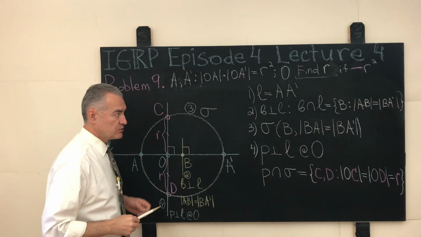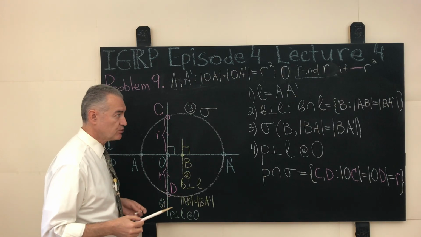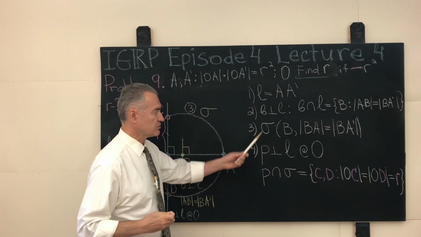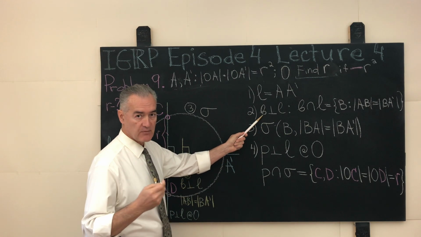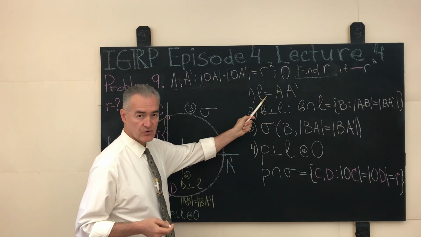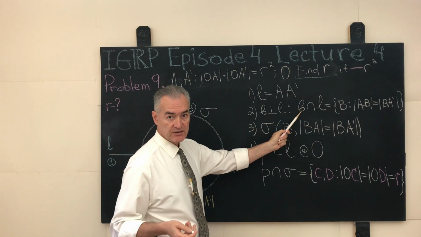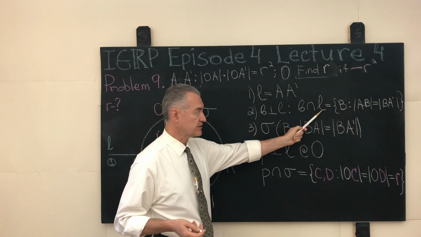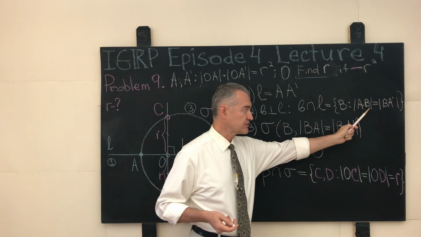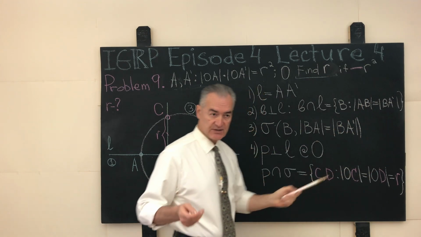Usually I do not want to throw too much symbology on this course. There is no need to do it, but pedantically, if you want to be more formal, this is what you will write: that you construct a straight line named B. It is perpendicular to the straight line L constructed in the first step, and the straight line B is constructed in such a way that it will intersect the straight line L at the point B such that the distance from that point B to the points A and A prime is exactly the same.